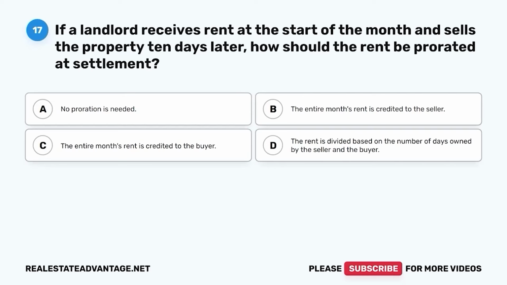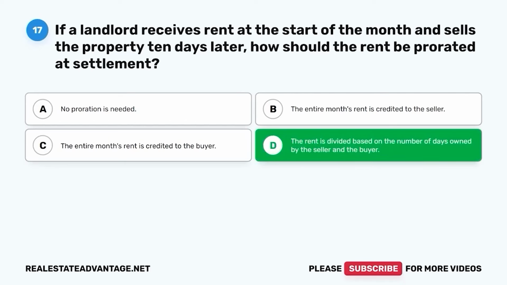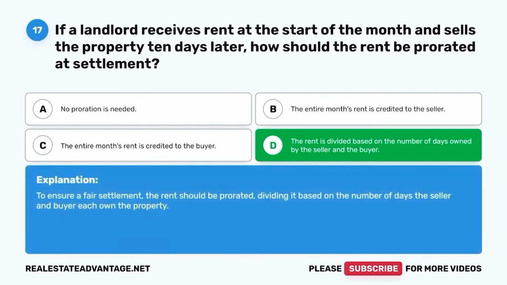D. The rent is divided based on the number of days owned by the seller and the buyer. The correct answer is D. The rent is divided based on the number of days owned by the seller and the buyer. To ensure a fair settlement, the rent should be prorated, dividing it based on the number of days the seller and buyer each own the property.